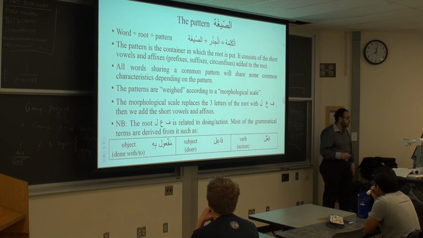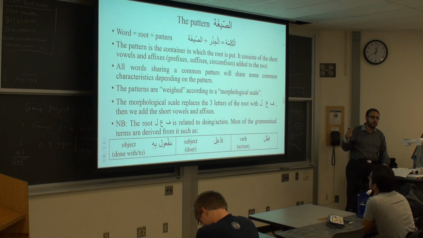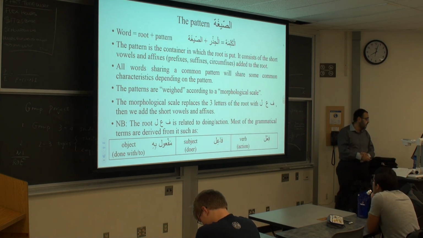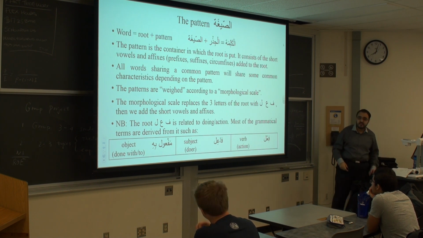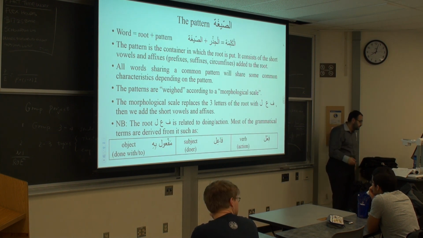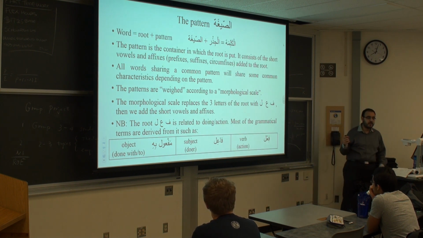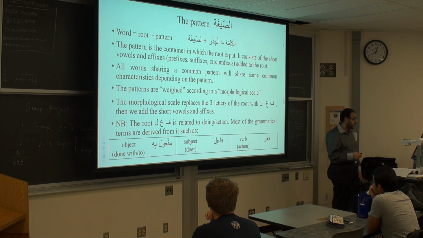The pattern, as we mentioned, is the container in which we pour our roots, and it consists of the prefixes, suffixes, and circumfixes. So any additions to the root, extra letters, extra short vowels, etc. All words sharing a common pattern will be sharing some common characteristics.